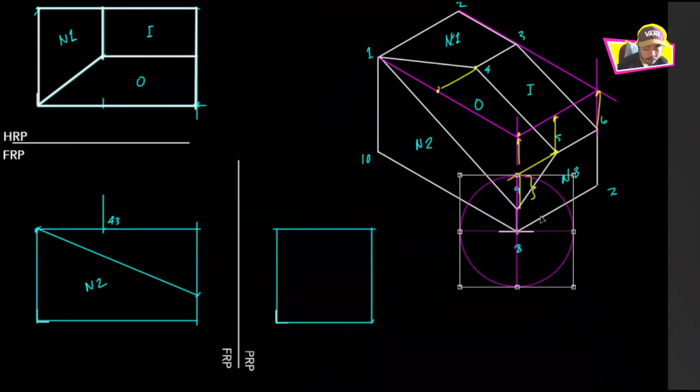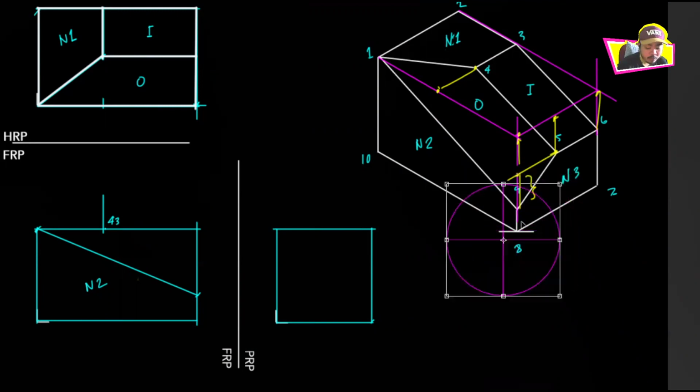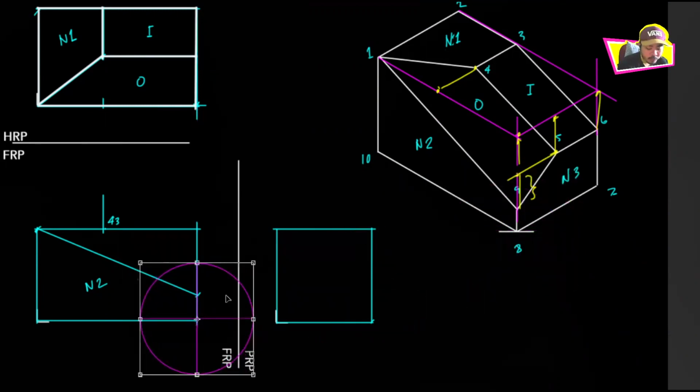So it just boils down to which method you are more comfortable and how you track your points and distances, no? Ito, let me just do this. Ito siya. This one. And I think I'm done, no? Parang ganyan siya.